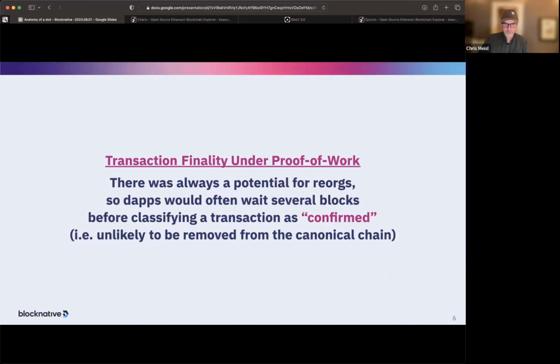Under proof of work, there was no real sense of strong finality. There was this idea: you're confirmed, you're on chain, and the more blocks that have been built on top of the block that contains your transaction, the more secure you can feel that the transaction is not going to be reverted or changed through some kind of reorg or fork in the chain.